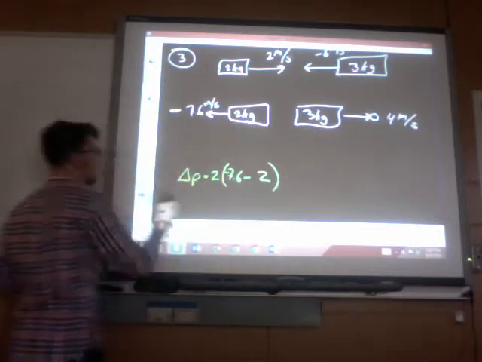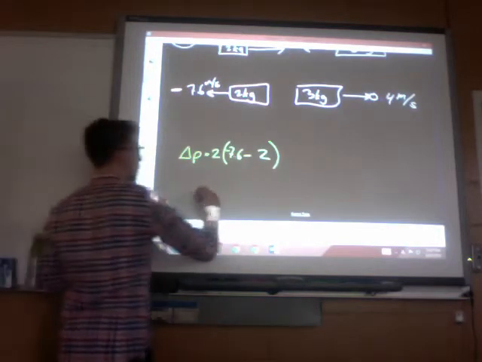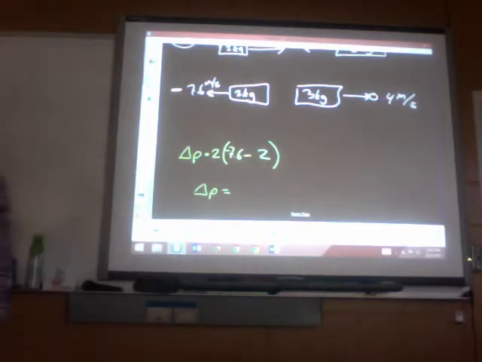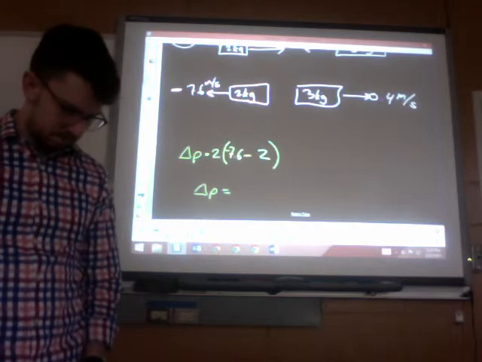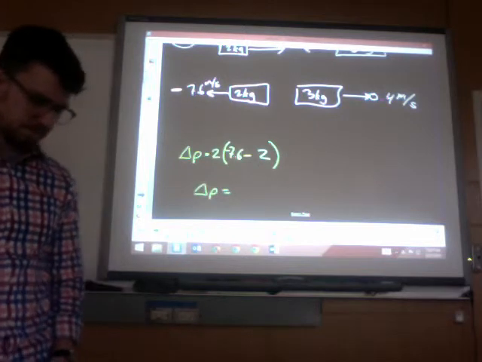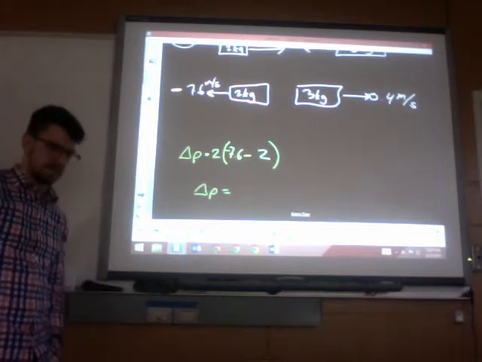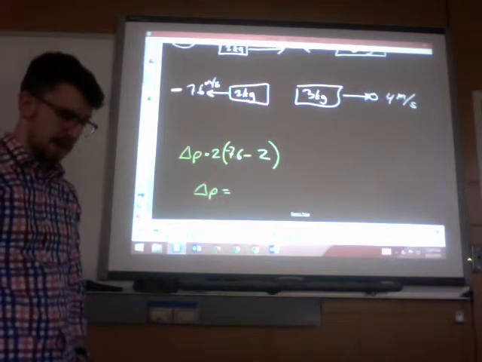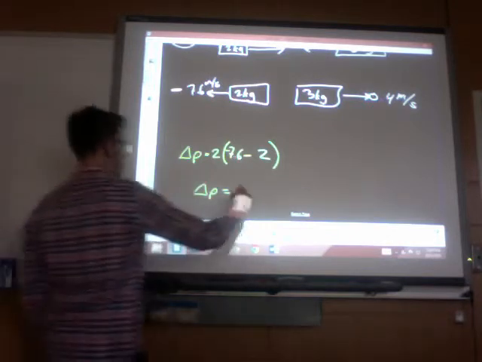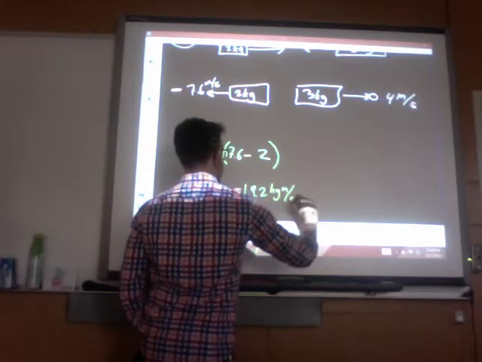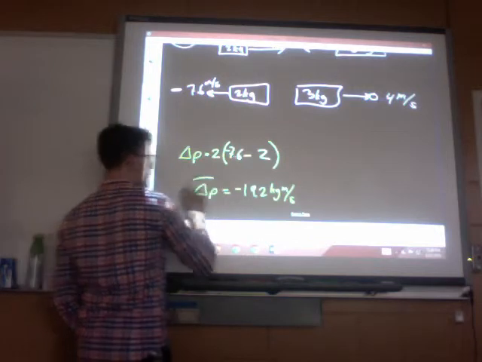Kind of skipped over the parentheses, but that's okay. Negative 19.2. That's what I got too. Negative 19.2 kilograms meters per second.